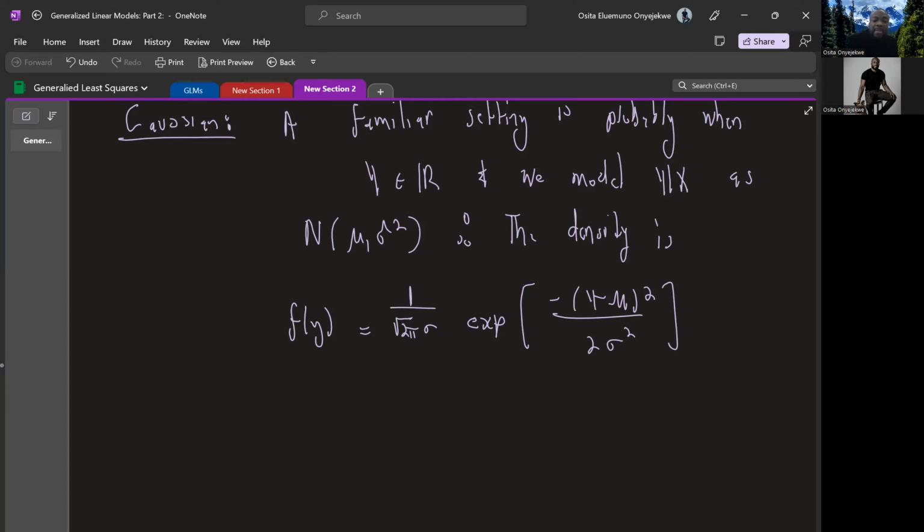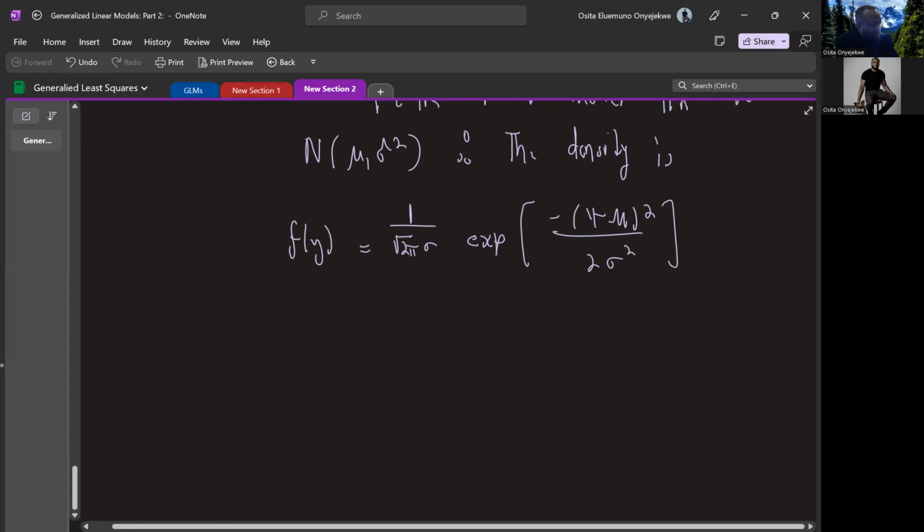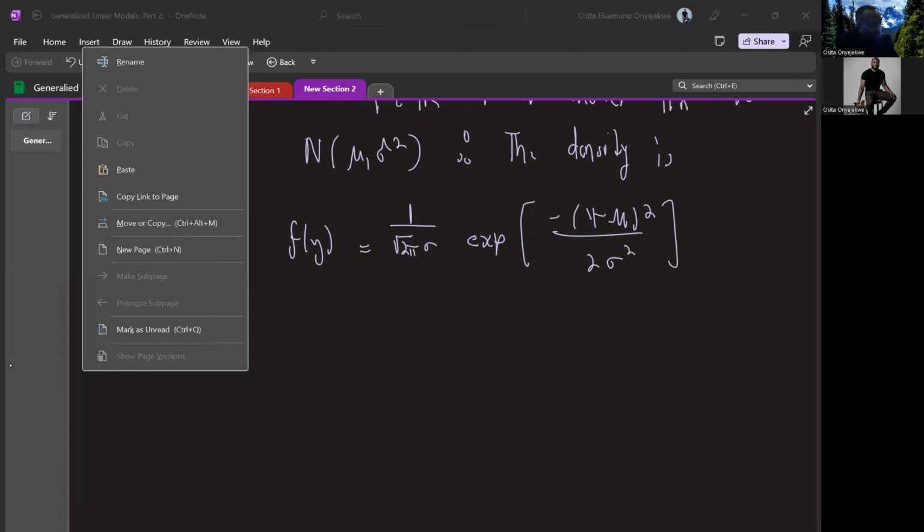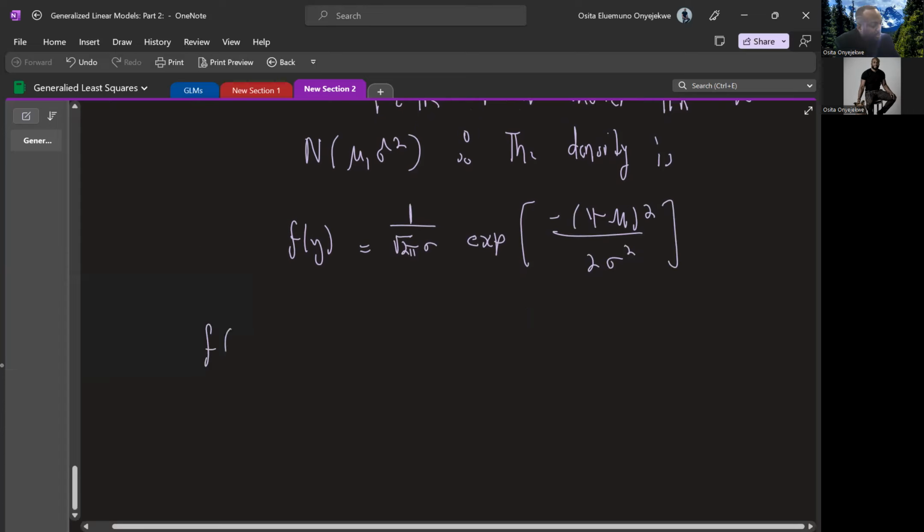Okay, now this is pretty much already an exponential form, but we can simplify this by manipulating it a little bit. And you don't have to memorize the steps to this. You just have to understand or be familiar with the final form here.